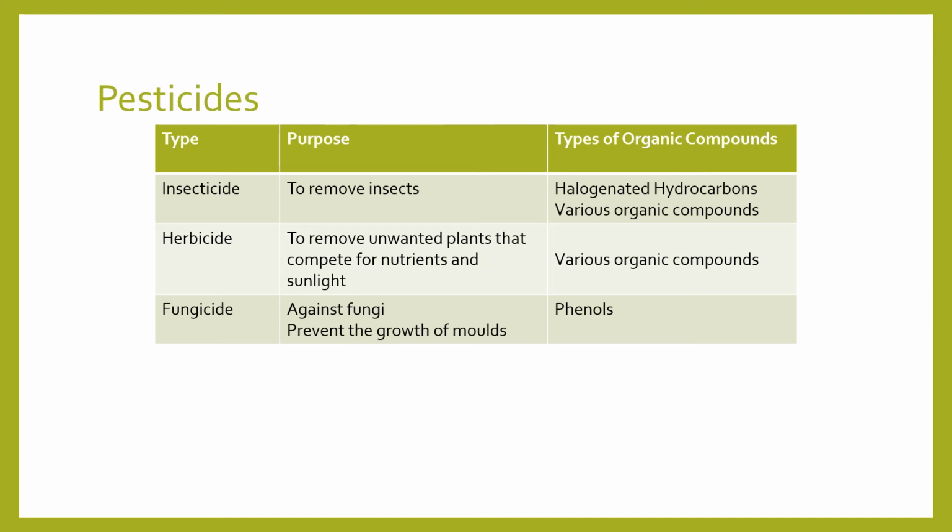Here you can see insecticides and the different types of organic compounds they use, such as a halogenated hydrocarbon, whereas a fungicide will use phenols or various organic compounds to target herbicides. They're slightly different, so they can become a little more specific. All, though, can have the same overarching impacts, where overuse can accumulate in larger organisms. We're going to keep building on that.